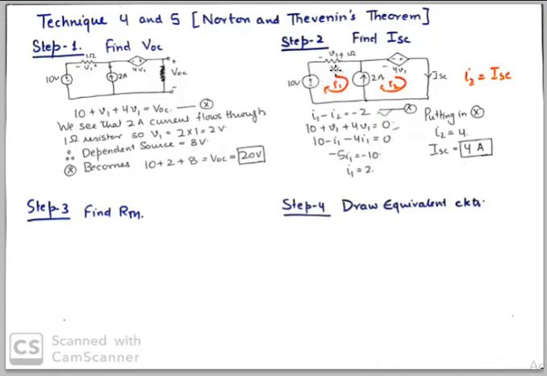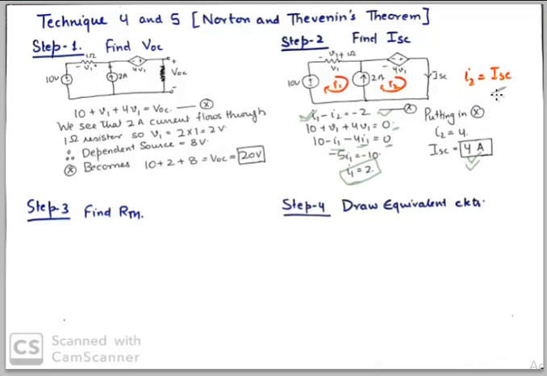And again voltage here is minus I1, so I can simply put minus I1 minus 4 I1 is equal to 0. I1 is 2, and putting it in this equation I get I2 to be equivalent to 4 ampere, and I2 is nothing but ISC.